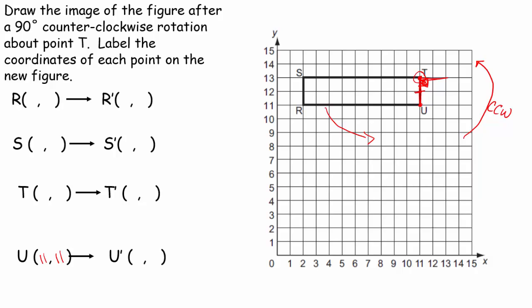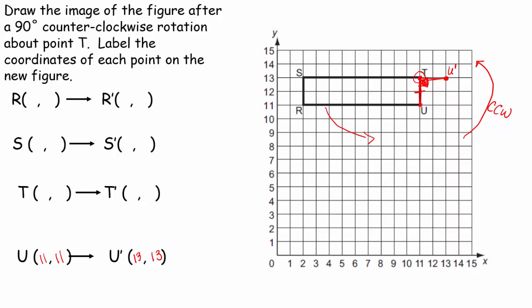So because it's 2 units below T in the original figure, when I create my 90-degree angle here, it's going to be located here. So this will be U prime. So now I have my counterclockwise because it moved to the left, and it's now creating that 90-degree angle with vertex T. So my new coordinate will be 13, 13. So I'm going to go ahead and write that in.